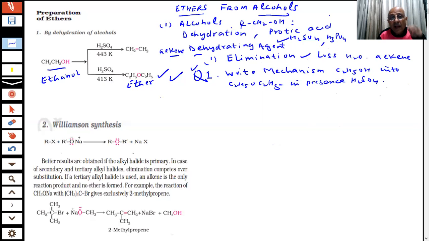Actually, there is a big difference between the two reactions. When I say mechanism, I have to write the steps, students. This question was given 2 marks in the board exam paper. Basically it involves 3 steps.